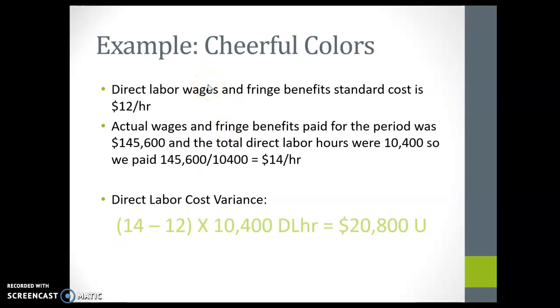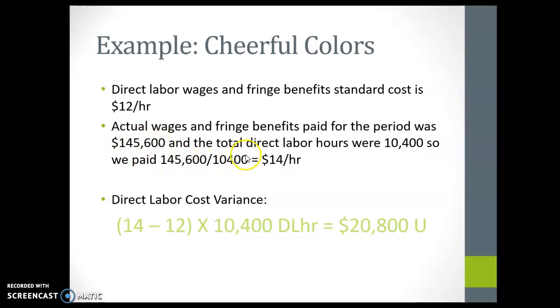Okay, so we found out that the standard for direct labor wages and fringes is $12 an hour. What we actually paid was $145,600 for direct labor, and we had a total of 10,400 direct labor hours.